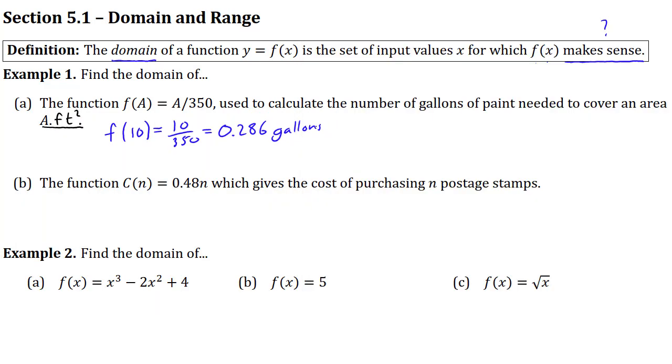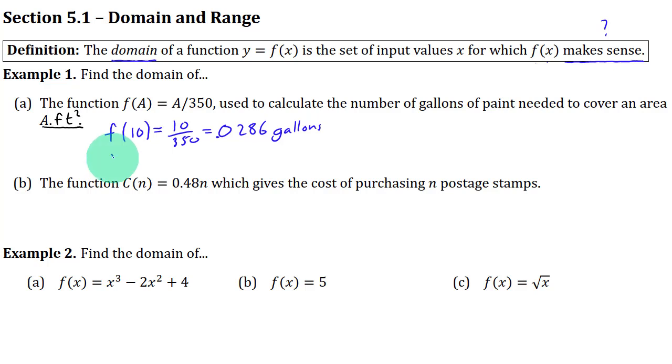Oh, I'm missing a zero here. You only need a small fraction of a gallon to cover 10 square feet. You can't buy that precise amount at Home Depot or anything, but that's still an amount of paint that exists. So it kind of makes sense.